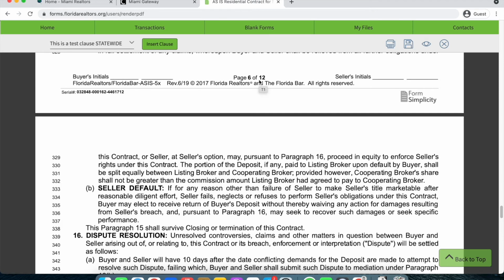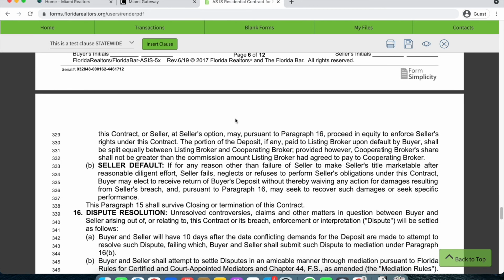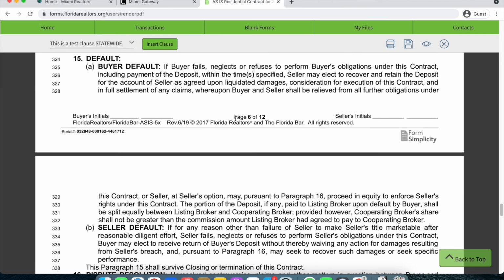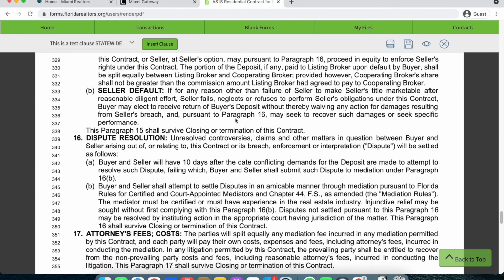And the courts have in the past awarded attorney's fees to the prevailing party. So if your buyer defaults and the seller needs to sue the buyer and the seller prevails in court, more than likely the buyer is going to be responsible not only for the default, but also for attorney's fees, and vice versa.